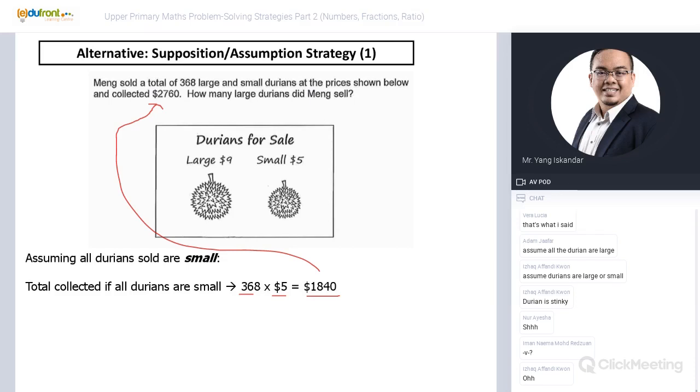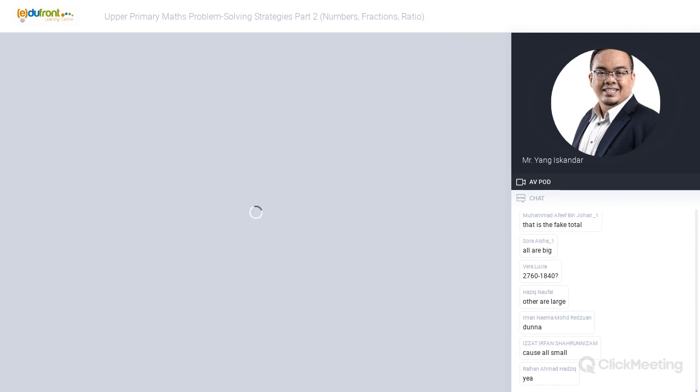Now, why is there a shortage? Why the answer here is not 2,760? Because, remember, not all durians are small. Yes, not all durians are small because some of the durians are big. Okay, so we are going to account for this shortage of the money.